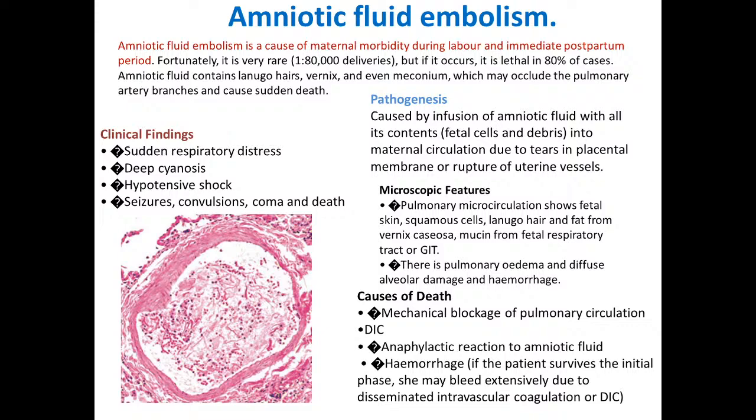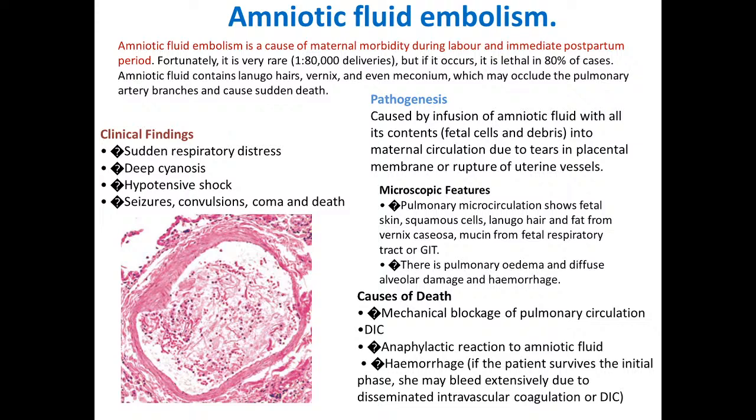Microscopically, the pulmonary microcirculation shows fetal skin squamous cells, lanugo hair, and fat from vernix caseosa, and mucin from the fetal respiratory or gastrointestinal tract. There is pulmonary edema, diffuse alveolar damage, and hemorrhage.